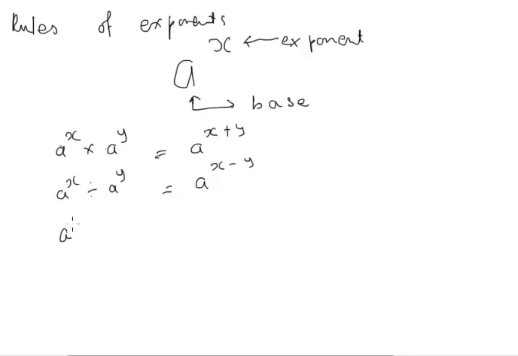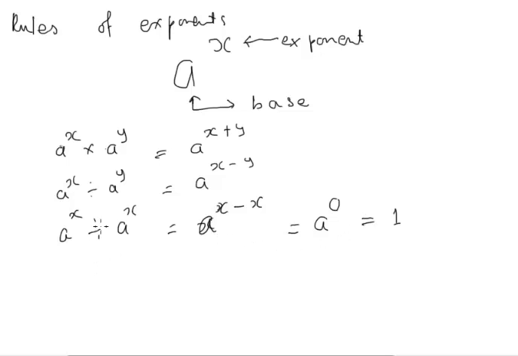Then a to the power x divided by a to the power x is a to the power x minus x, which gives us a to the power 0. But this is a to the power x divided by a to the power x. What is that? 1. Altogether, anything to the power 0 equals 1.